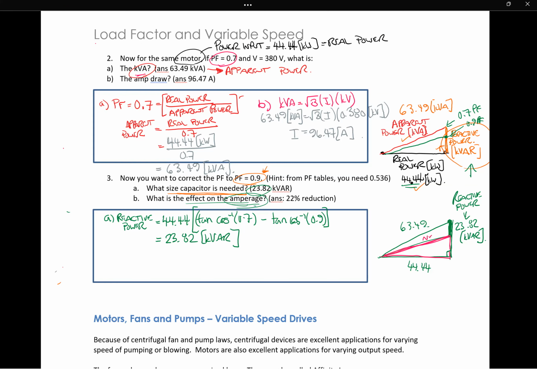This is the new apparent power in kilovolt amps, and this down here is my real power in kilowatts. So for B, in order to figure out the effect on the current, I'm going to use this equation, kilovolt amps, basically apparent power.